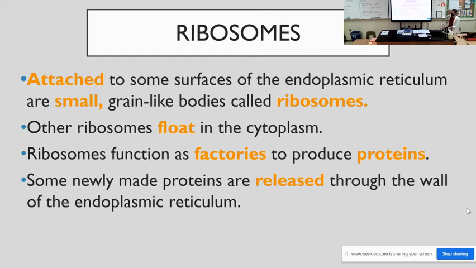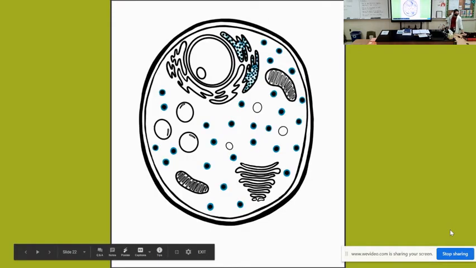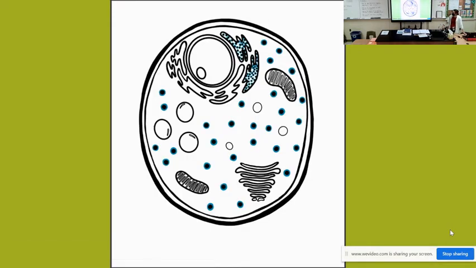And as we get further into our chapters, we will talk about protein synthesis, which is how it's constructed and how it moves about the cell later on when we get into DNA. Okay, so ribosomes are all our little dots floating around, or you can see them on the rough ER as well.